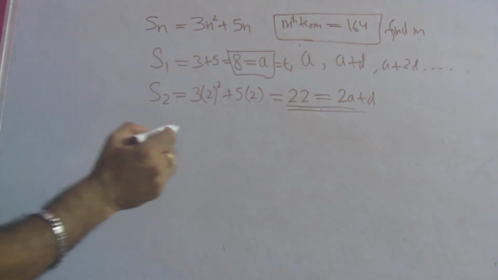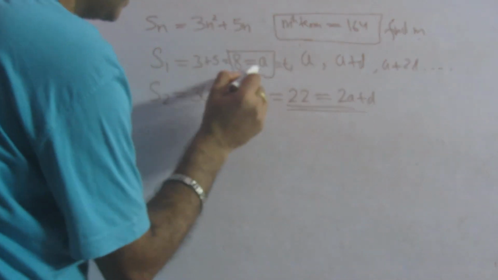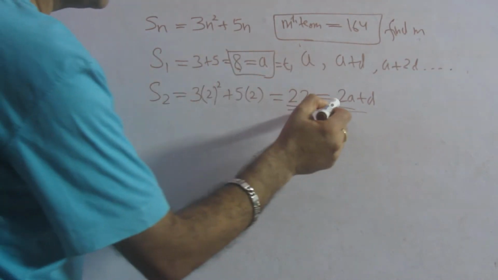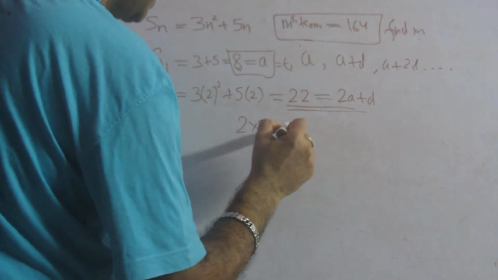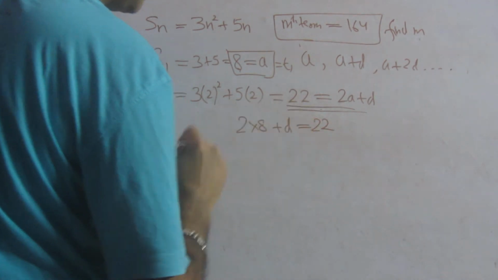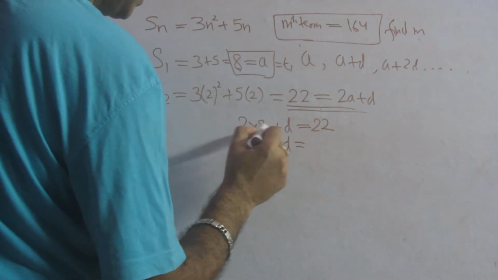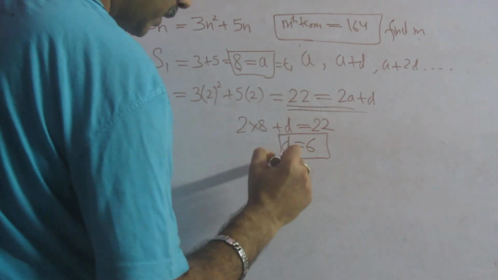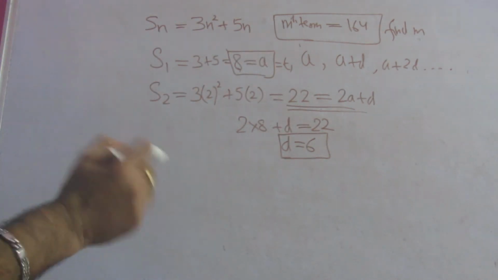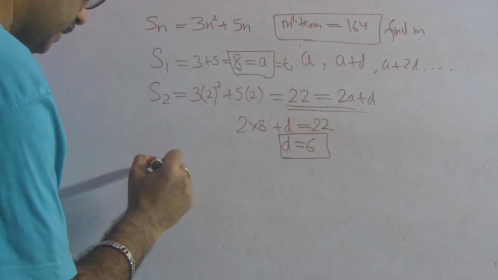Now I have to find D. A is 8. So what will I do? 2 into 8 plus D equals 22. So D equals 22 minus 16, 2 8s are 16 and this goes that side. D equals 6. Now the mth term of this AP.